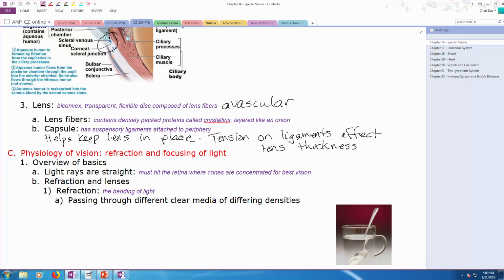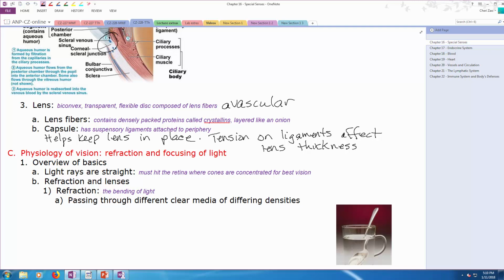And the retina will die. Once the retina dies, it doesn't matter what you do to restore their vision after that, you will not get vision. So the retina, remember, a lot of things, if you don't use it, you lose it. Same thing with the neurons of the eye. If they are not properly stimulated, they will start to die. So this is another phenomenon to be aware of.